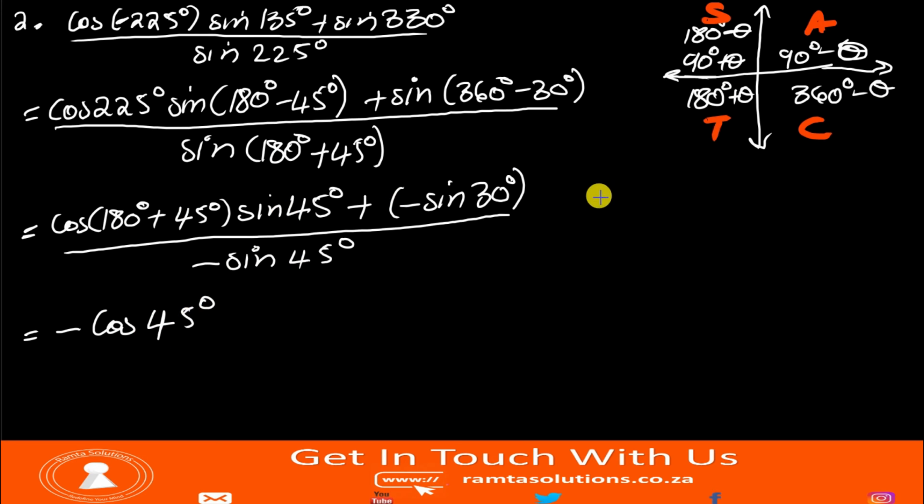Now, for those who did not watch the grade 10 video of special angles, when we want to find special angles without a calculator, you can still use your calculator. Nothing wrong with it. However, some of us are lazy to go fetch our calculator.